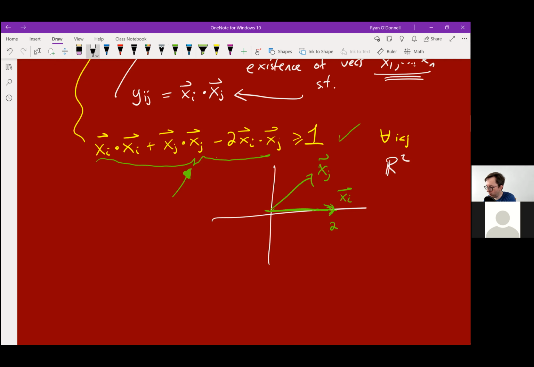That's true. The original constraint did say that, as real numbers, the distance of xi from xj had to be at least 1.